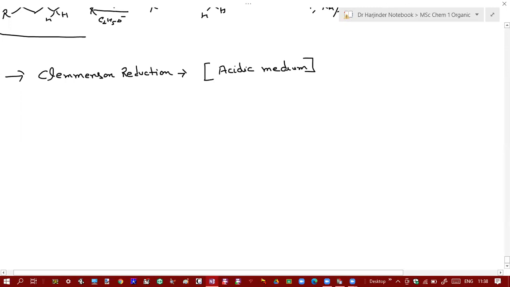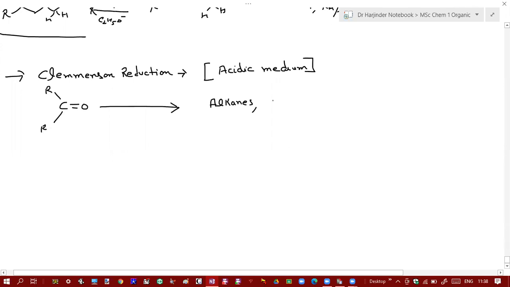Clemmensen reduction takes place in acidic medium, and this is one of the excellent methods by which you can reduce a carbonyl group into the corresponding saturated compound, or you can say the corresponding alkanes.